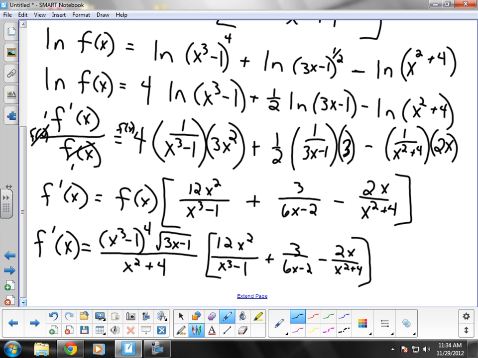Okay? So, now that you have the rule for finding the derivative of the ln, a lot of those things that we've been fighting with doing the product rule or the quotient rule, we could now take the ln of both sides and actually do it this way.